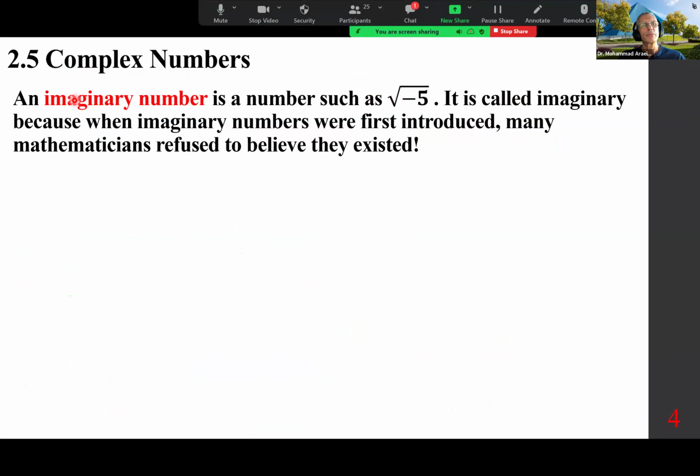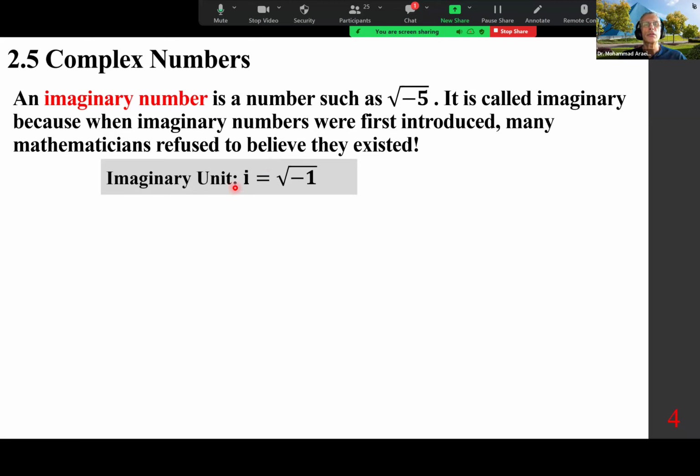Complex numbers. An imaginary number is a number such as square root of -5. It is called imaginary because when imaginary numbers were first introduced, many mathematicians refused to believe they existed.